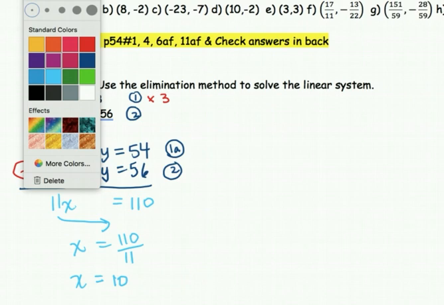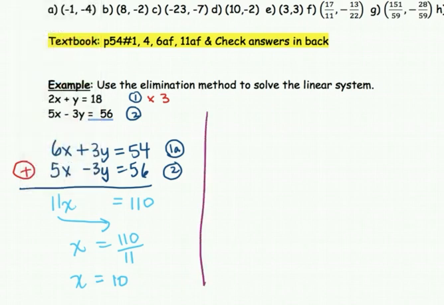So let's now do the second part, because remember our goal is to find x and y. So here is x, has been found. Again, you're just picking one of these original equations to plug that into. I'm looking at the simpler one. One looks simple compared to two, but it doesn't matter though.